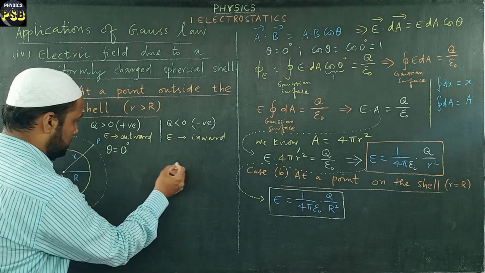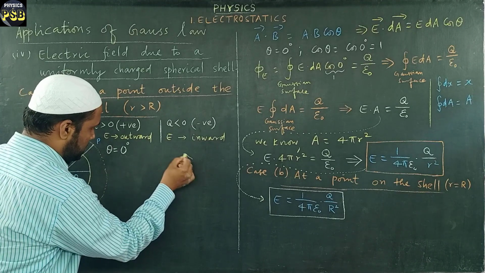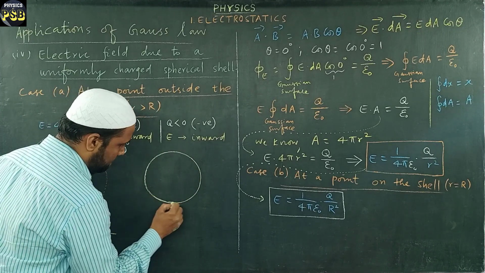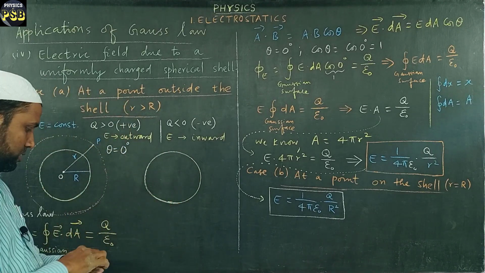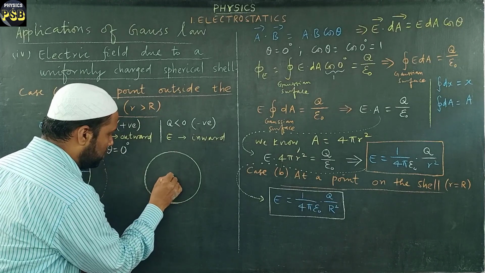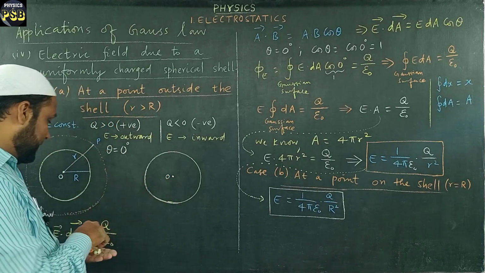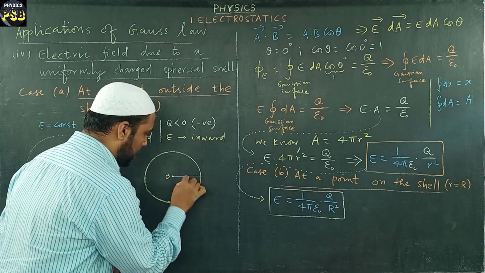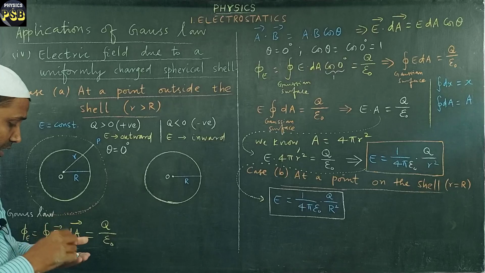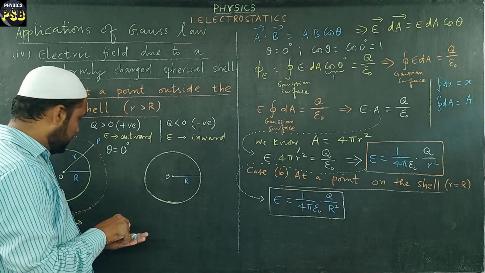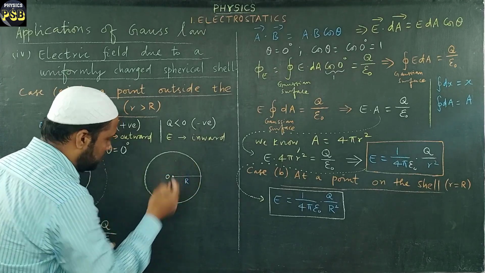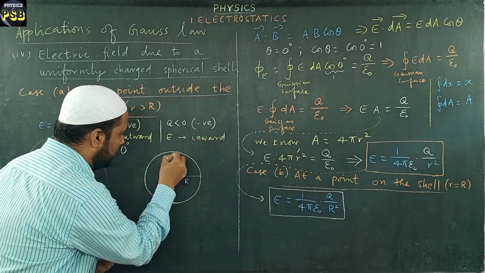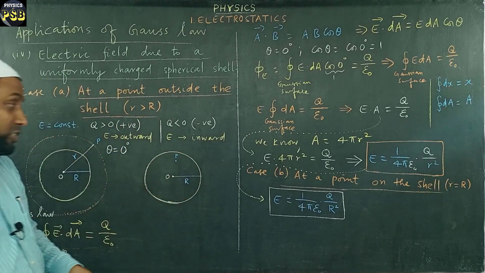Take the same shell having a center O and the radius is capital R. Now I take a point here, this point P taken inside the charged shell.